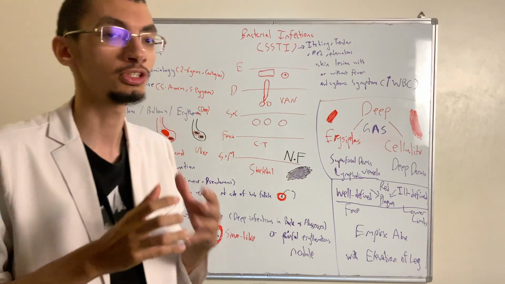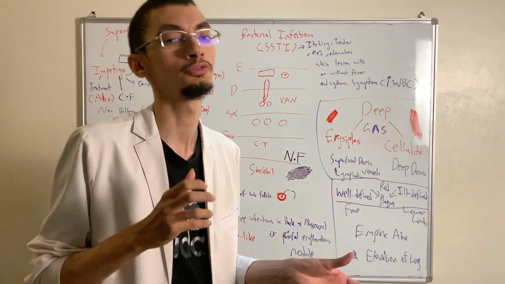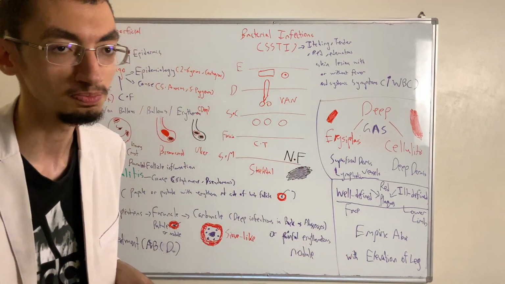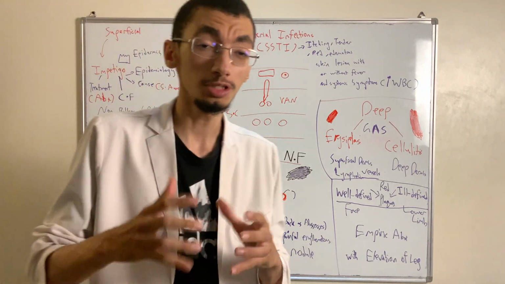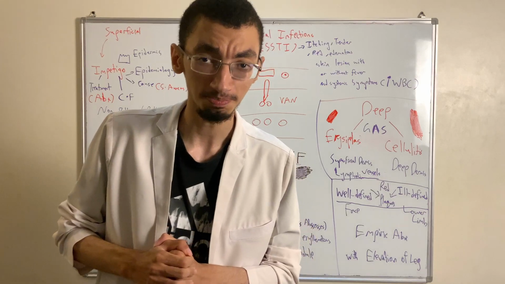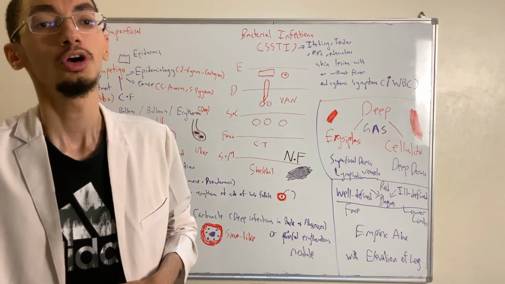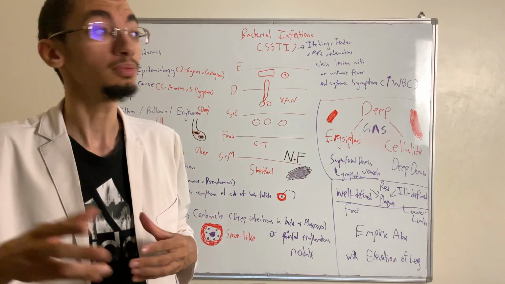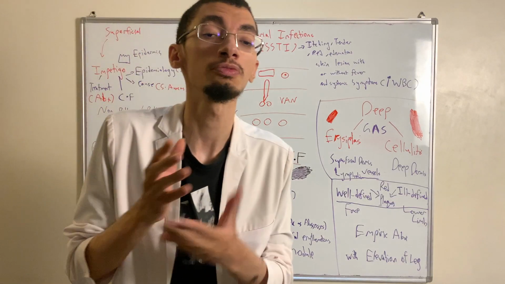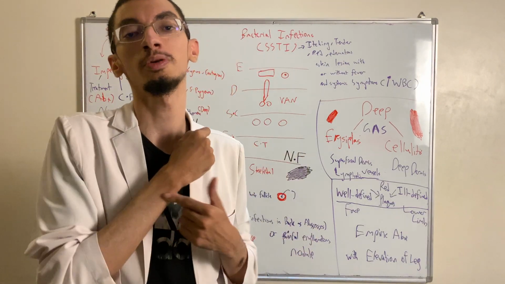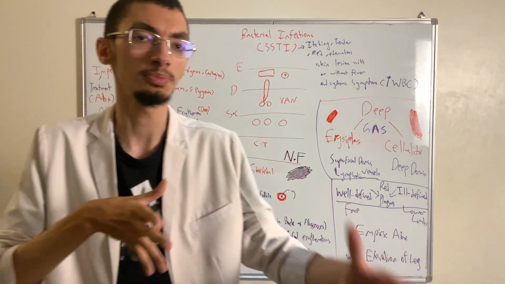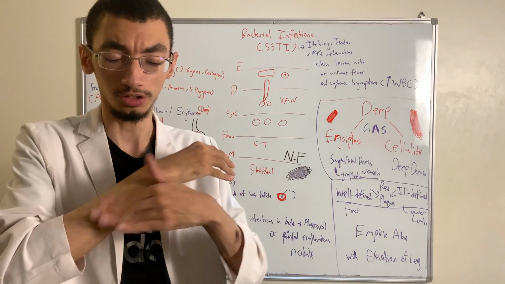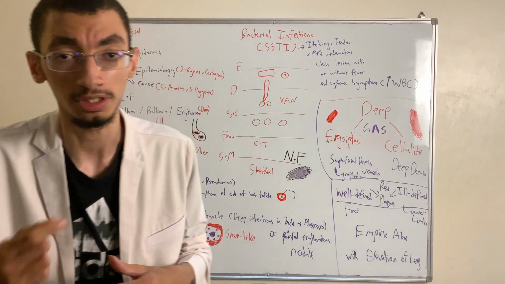And we're going to go into further detail as to what we mean by superficial and what we mean by deep. And before we start, we just want to mention that any bacterial infection, especially in the skin, could either be primary or secondary. Maybe one of the reasons you have a bacterial infection in the skin is that you have a scratch or some sort of crack in your skin, so that allows bacteria such as Staph aureus to enter inside the skin and cause an infection.